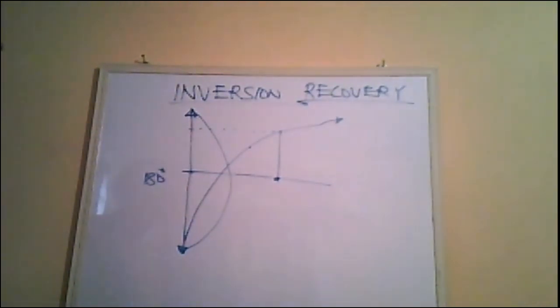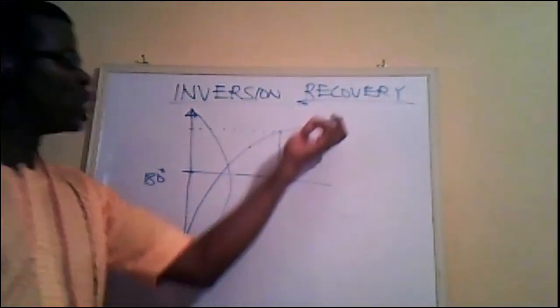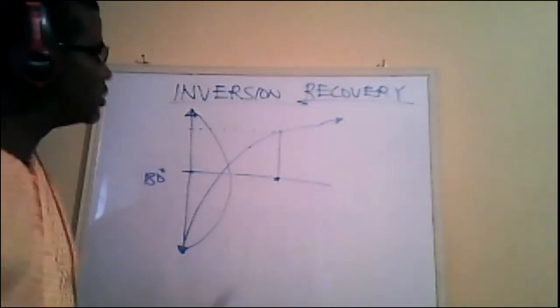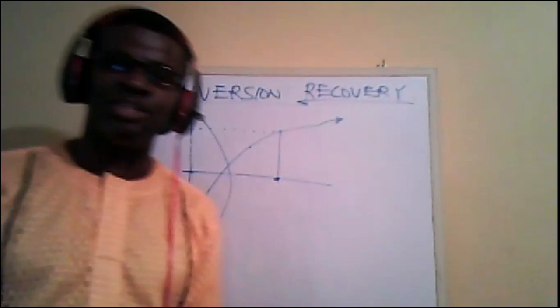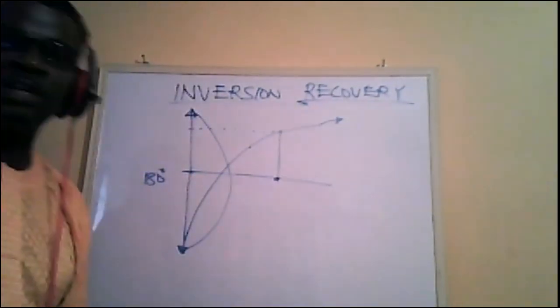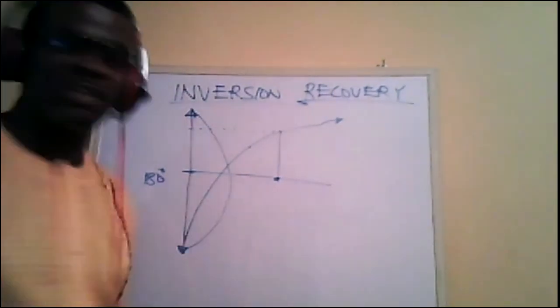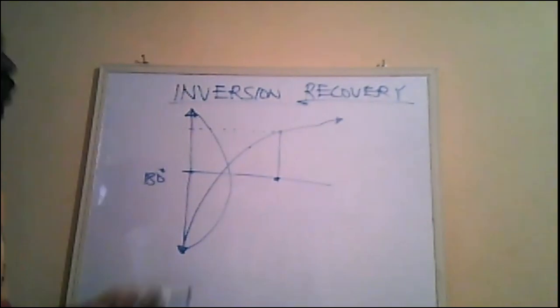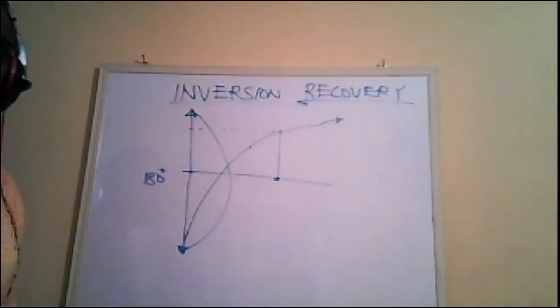So at every point in time, we are going to have a lesser amount of longitudinal magnetization that will be knocked down to form the transverse magnetization. So you are going to have a lesser signal when we are using inversion recovery.